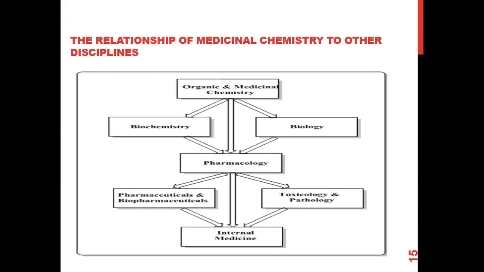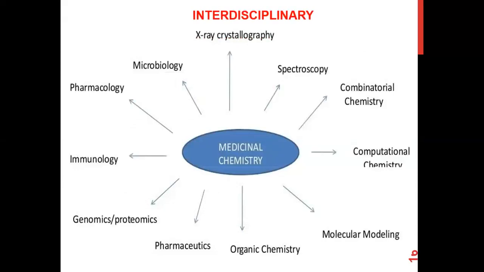This particular slide explains various disciplines which involve the allied subjects of organic medicinal chemistry, biochemistry, biology, pharmacology, toxicology, and the biopharmaceutics approach. Medicinal chemistry is always interlinked with the substances which we see, but it is not the only field.